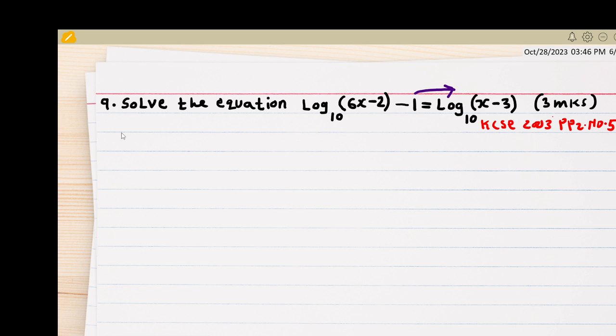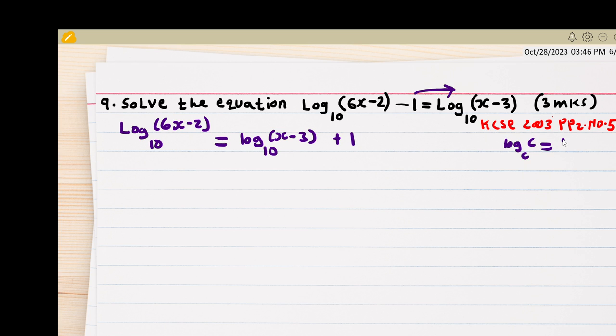So let me take this one to the other side so that it becomes positive. I'm going to have the logarithm to base 10 of (6x minus 2) equal to log to base 10 of (x minus 3), then of course the 1 will become positive, so this is plus 1. But we know that if you take log to base c of c, the answer will be 1.